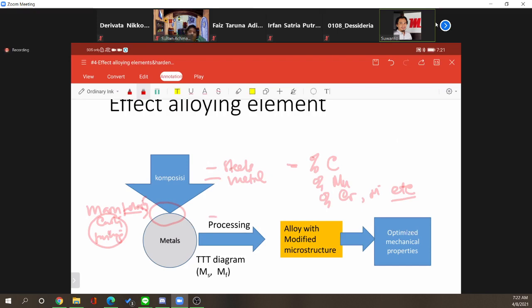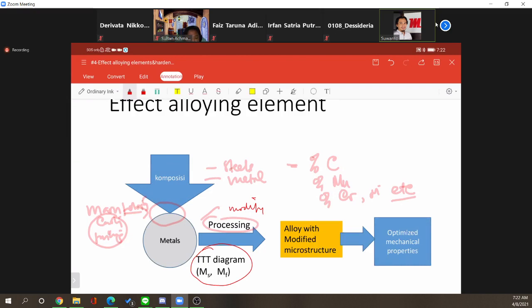We call it processing or modification, or treatment. And during the processing, we use this diagram to help guide us into the prediction of what kind of microstructure will result from the modification.